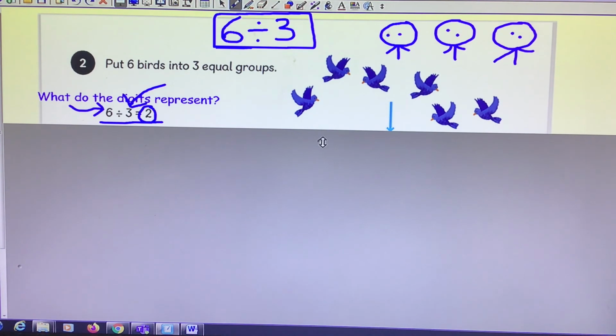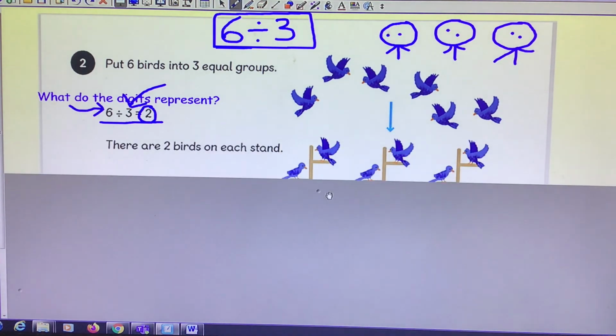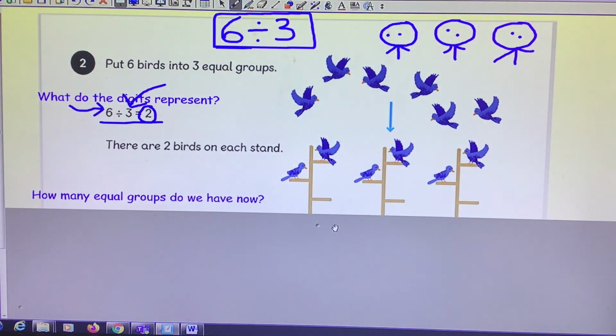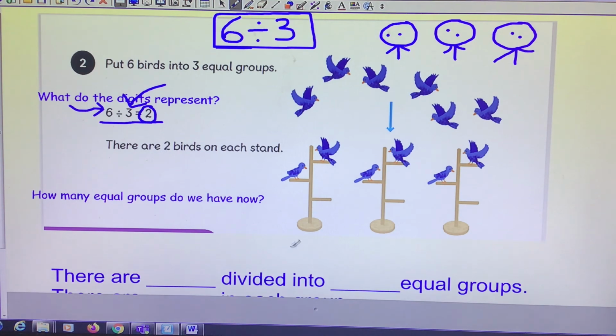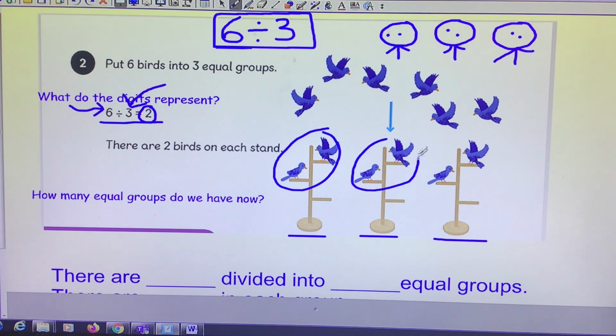Let's have a look what that looks like on the stands. There are 2 birds on each stand. How many equal groups do we have now? 1, 2, there are 3 equal groups. But we have 2 birds in each group.